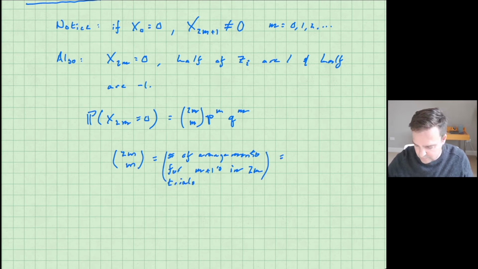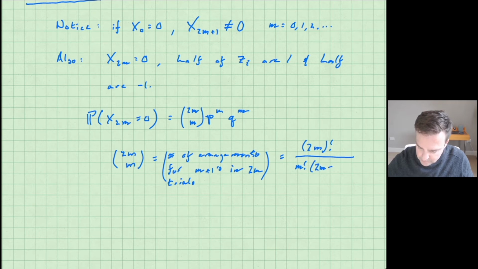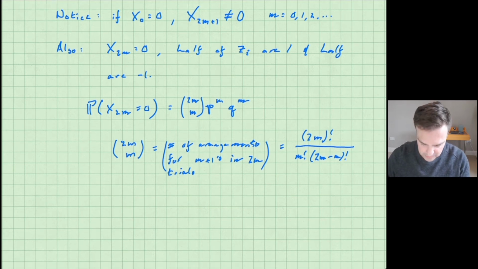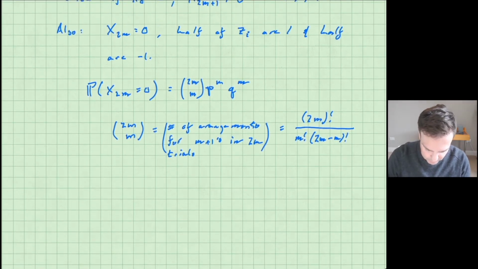All right, and the formula for this is just 2m factorial over m factorial times 2m minus m factorial. Now that's most of the work, just figuring out this little clever trick. So now we'll try to write out the left-hand side, the thing we're after.